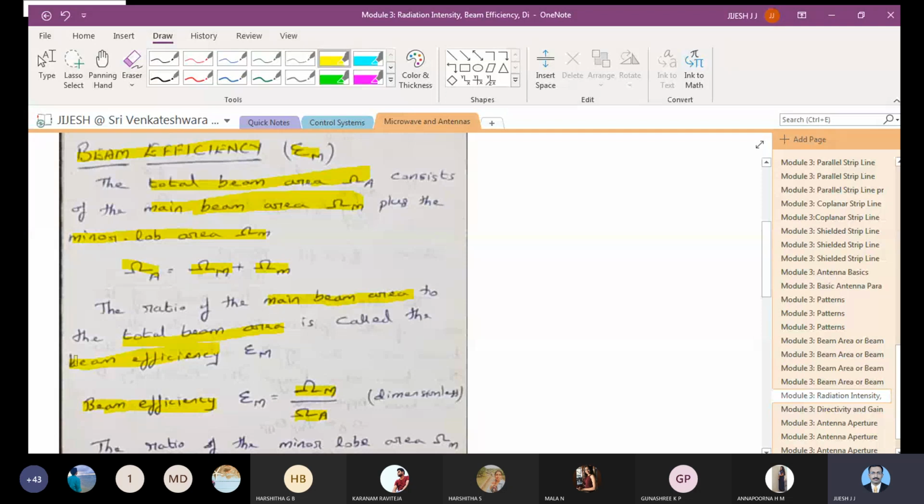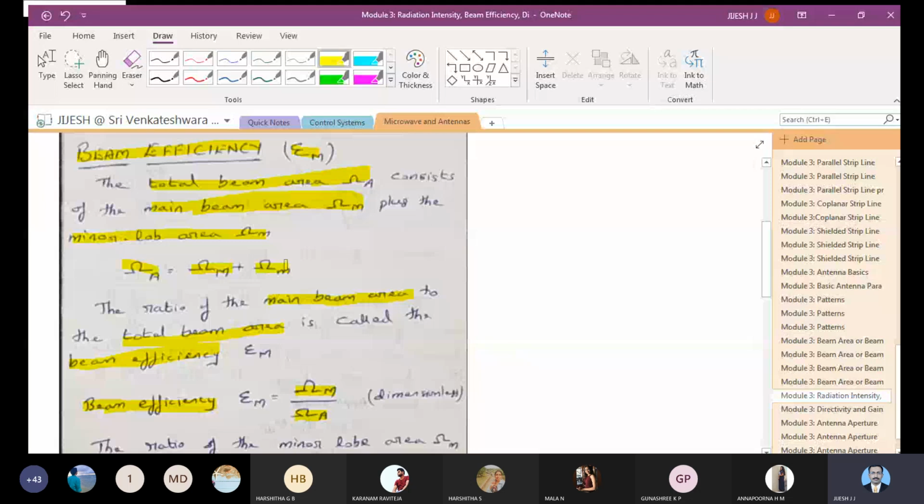So epsilon capital M, the beam efficiency, is omega capital M divided by omega A. Omega A is the combination of omega capital M and omega small letter m. You should specifically write M capital, m small.